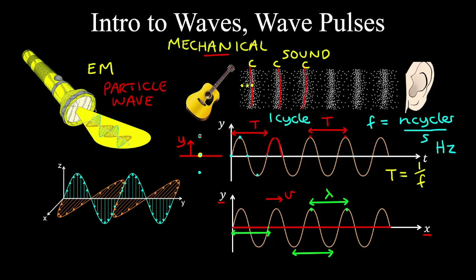So for example, light going from this flashlight has a wave front that moves in this direction, and the photons oscillate back and forth in the direction perpendicular to the motion of the wavefront, which creates perpendicular electric and magnetic fields. So the electromagnetic wave looks something like this. And we'll also look at electromagnetic waves in more detail.